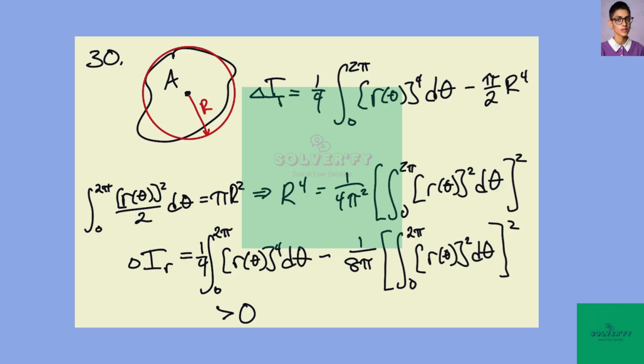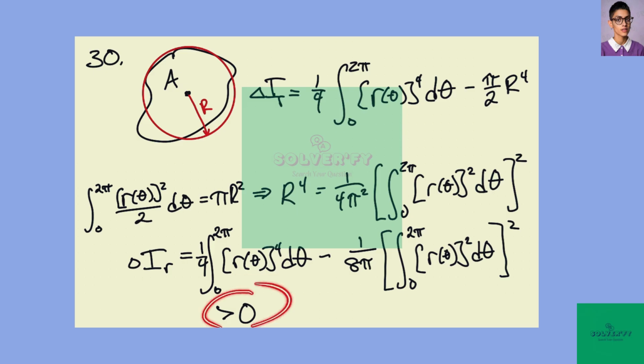Obviously one thing you can't do is just pull this square into here and say that 1 over 8 pi is less than 1 over 4 and that these things are equal, because obviously taking a function, squaring it, integrating it, and then squaring that value is not the same as taking the 4th power of the function and integrating it.